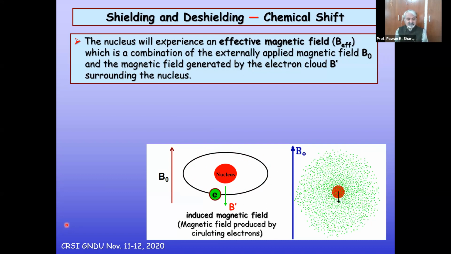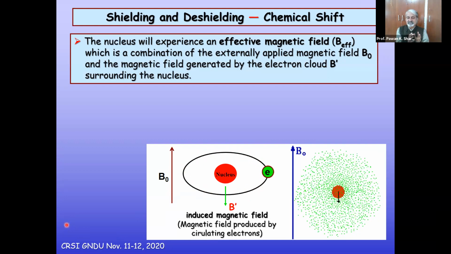So what does that mean? That simply means that the electrons around the nucleus are shielding the nucleus from the full force of the externally applied magnetic field. And in the story, we have now come to the concept of shielding and de-shielding. So the impact of electrons, which we did not take into account when we said the basic NMR equation is nu equals gamma B0 by 2 pi.